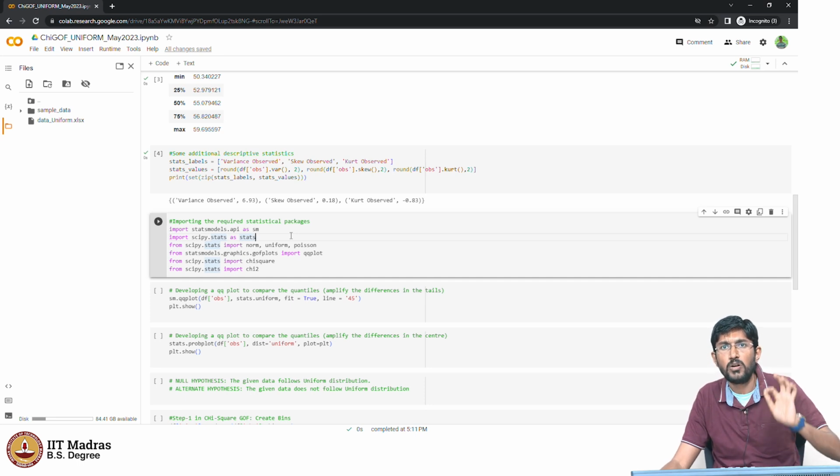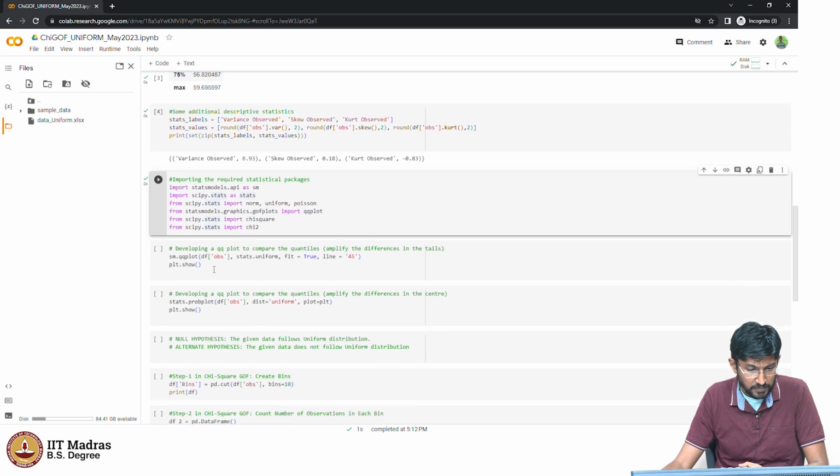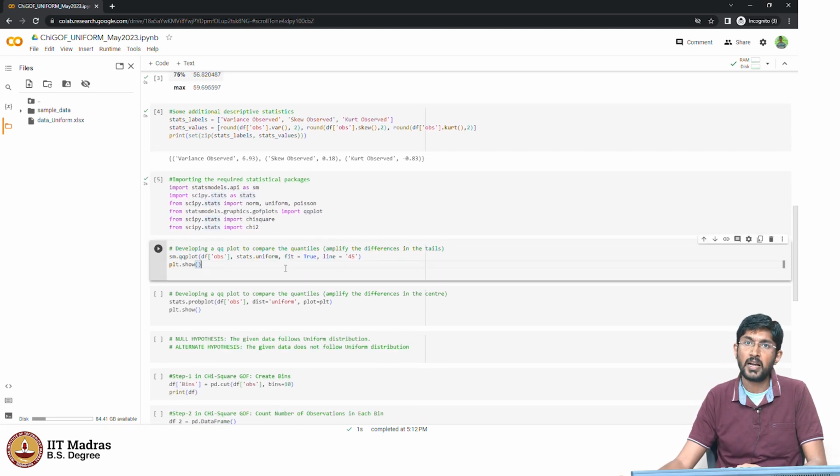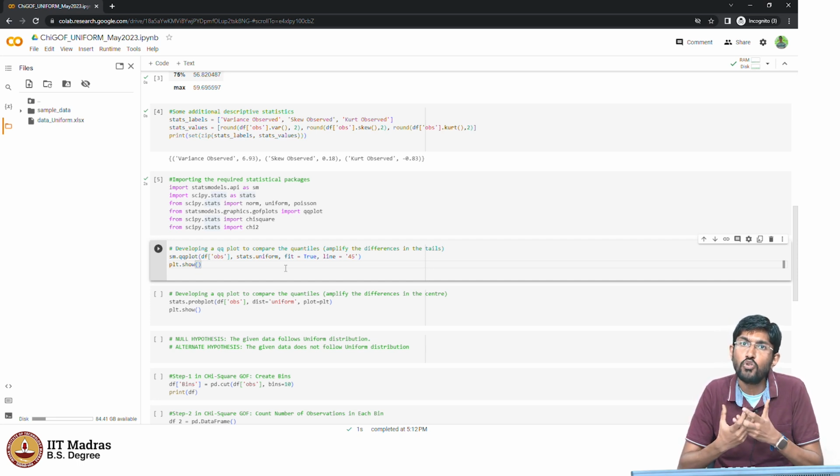We need to perform a test and conclude that it is uniform. So for performing the test, we are going to import all of these statistical packages. Once we have the statistical packages, we can check whether our guess of uniform is good or not using something known as the QQ plot, the quantile plot.